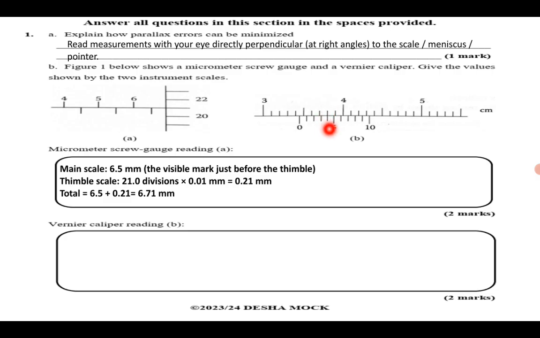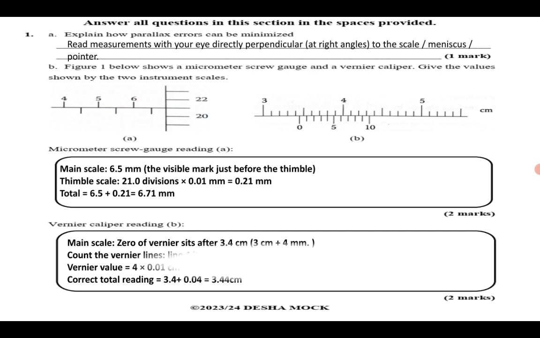You can notice that this line here lines up with that one up there. And this is happening at 4. 1, 2, 3, 4. So you take that 4 multiplied by 0.01, which is the least count for the vernier caliper, and then add the main scale reading.